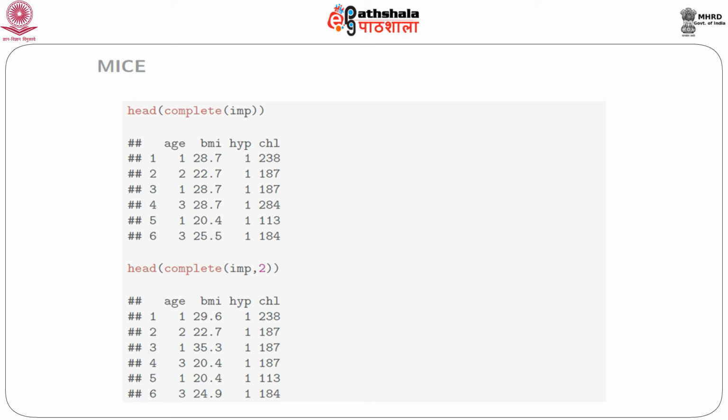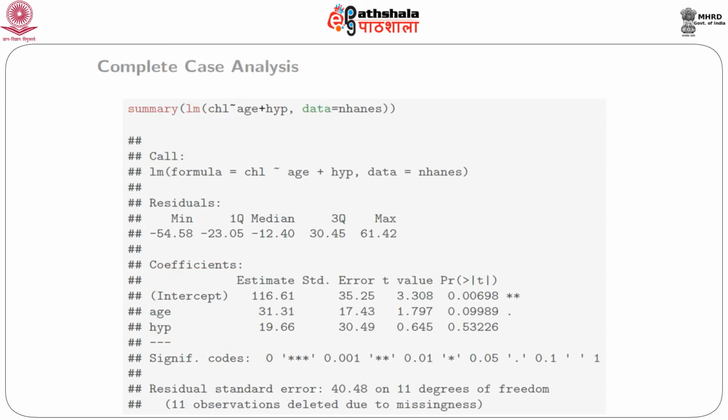Now, we come to the original problem. Note that although hypertension status is a binary variable, we have coded it as 1 and 2 as a continuous variable. If we run the complete case analysis, by default the lm function runs a complete case analysis, and we use the lm function to investigate the relationship between cholesterol, age and hypertension.